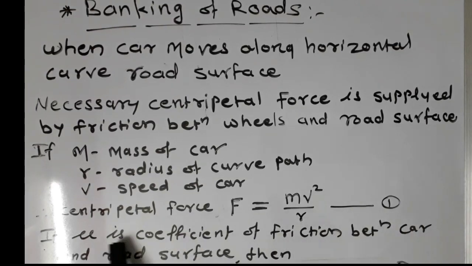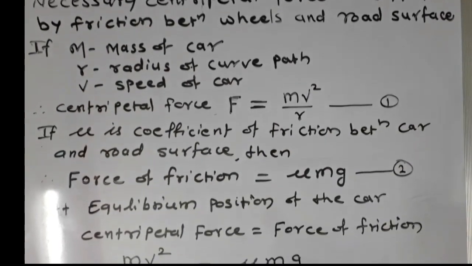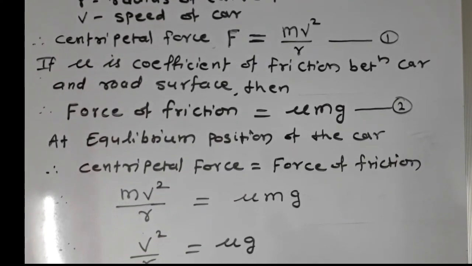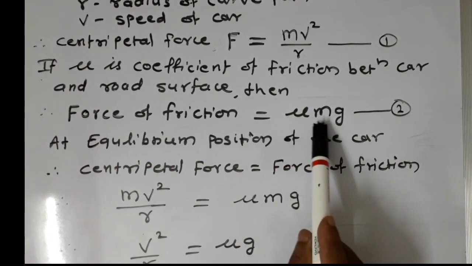Now, if mu is the coefficient of friction between the wheels of the car and the road surface, then the force of friction is given by mu mg.